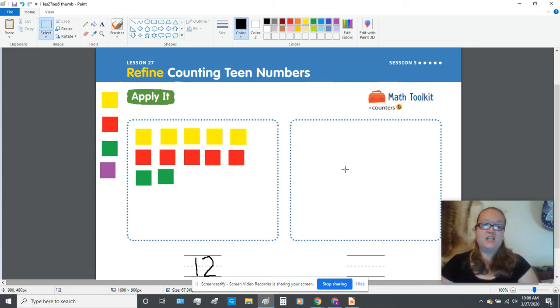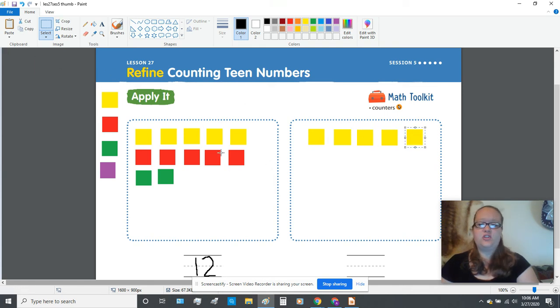I'm going to build a number for you, and I want you to follow along with your cubes at home to build it. And if you need to, you're going to count. But I want you to see how teen numbers look and how we write them. So I'm going to build a whole new number, okay?